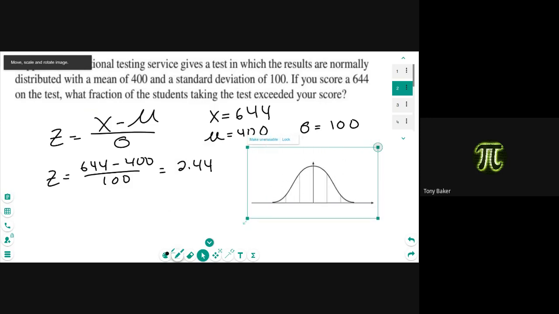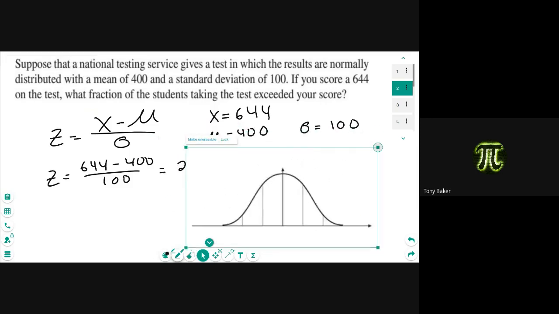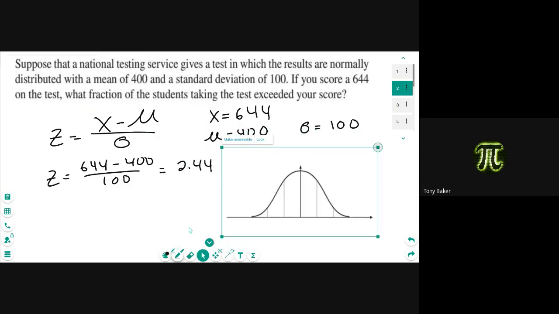All right, so my Z-score is 2.44. I forgot the little sticky notes. So we're looking at somewhere over here, and we wanted above or below that?